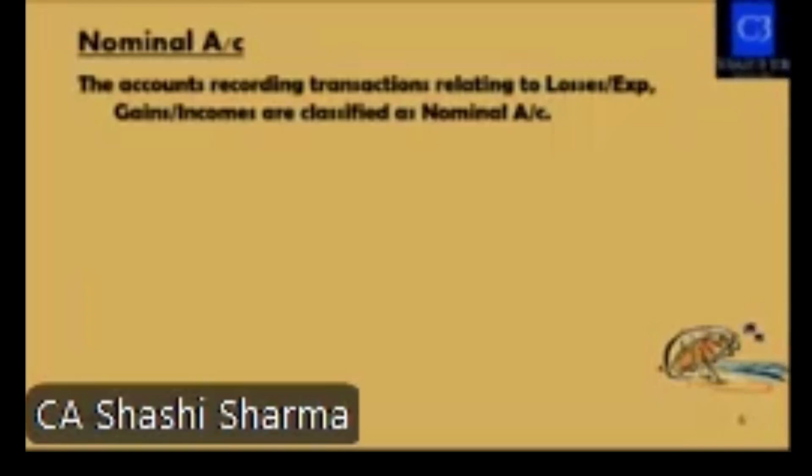Just remember a simple rule we should follow if we are going to decide about the type of account. Whenever anything is mentioned in a transaction, and if that name is the name of a person, then it is a personal account.